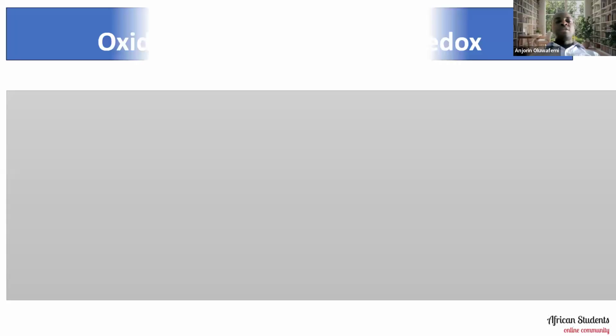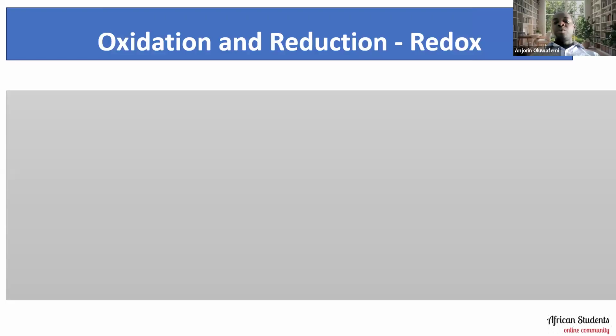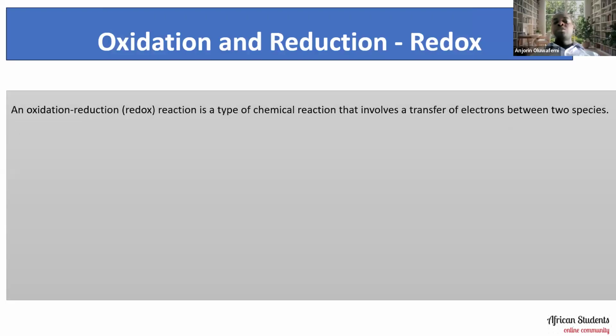So we start off with the definition of redox itself, oxidation and reduction, which we refer to as redox. An oxidation reduction reaction is a type of chemical reaction that involves a transfer of electrons between two species.